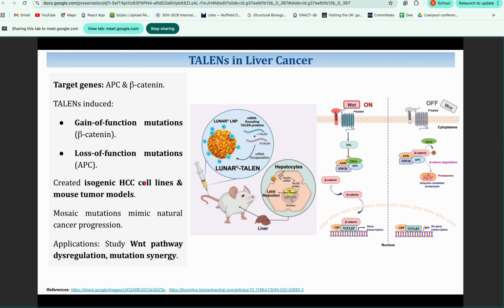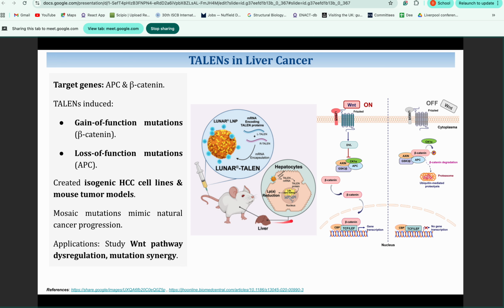HCC is hepatocellular carcinoma, so this is the liver cancer, and mosaic mutations mimic the natural cancer progression. The application is that we can study Wnt pathway dysregulation and mutation synergy, that is, how the mutation is leading to changes in the pathway. Here an example is taken from the mouse.